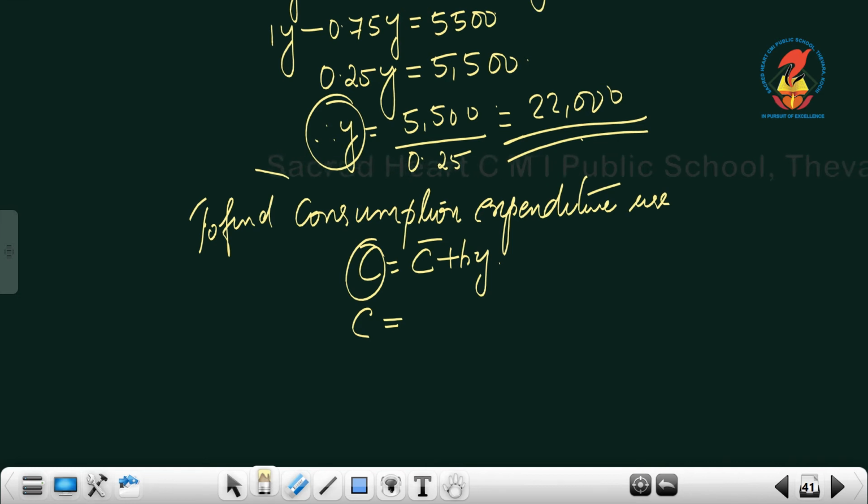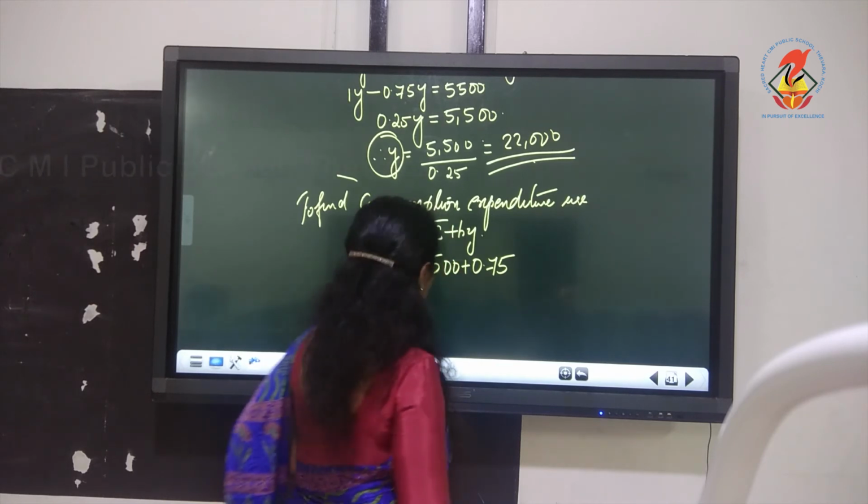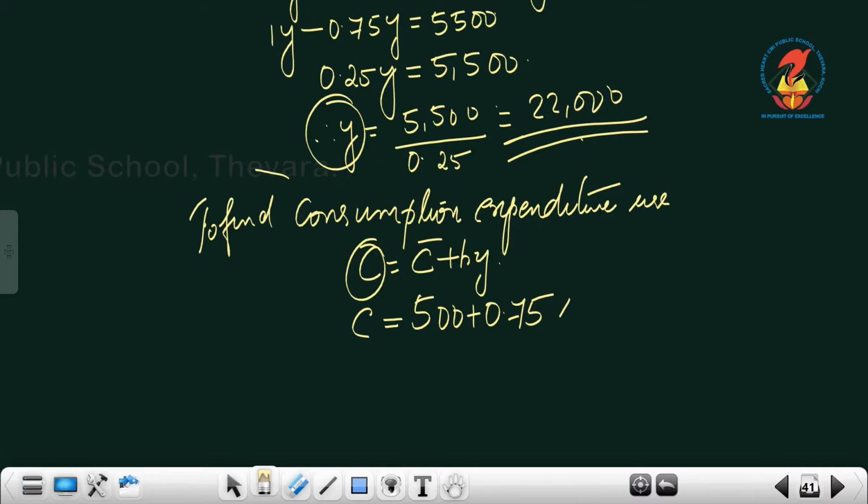C bar, you know. What is the value of C bar? That is 500 plus 0.75. Instead of y, you can write the value of y, which is 22,000.